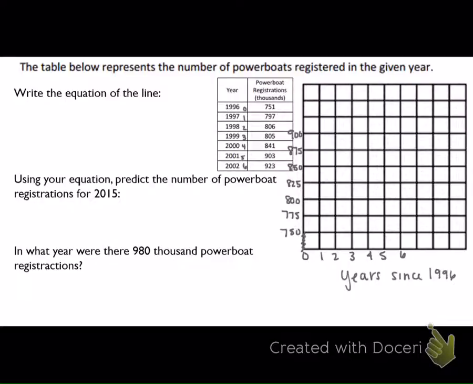So that gets through everything we need there if we go through 925, I think. And I forgot to label that side, so it's powerboat registrations in 1,000. Do not add the numbers after, guys. You can just put your answer as 750,000, okay? Do not put the extra zeros on it.